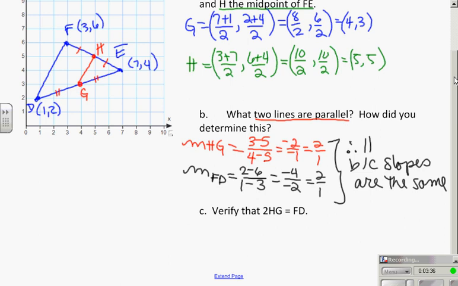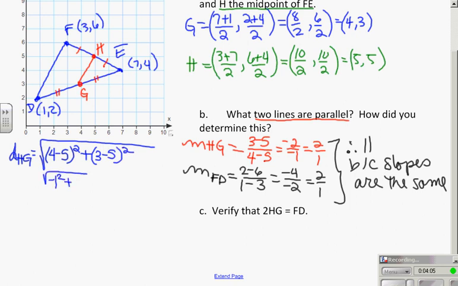Now when we look at this last part, verify that 2HG equals FD. What that's really asking us about is the distances to show that the lengths are what we know from the theorem them to be. So we are going to calculate the distance of HG. And remember the distance formula is the x's subtracted and squared plus the y's subtracted and squared.